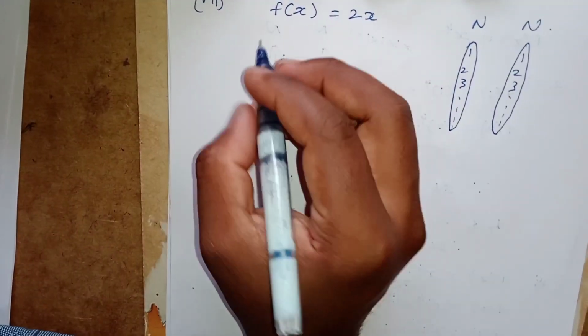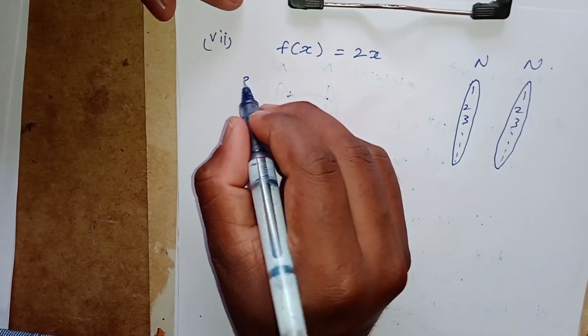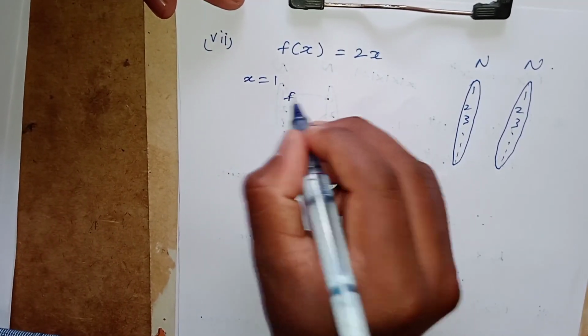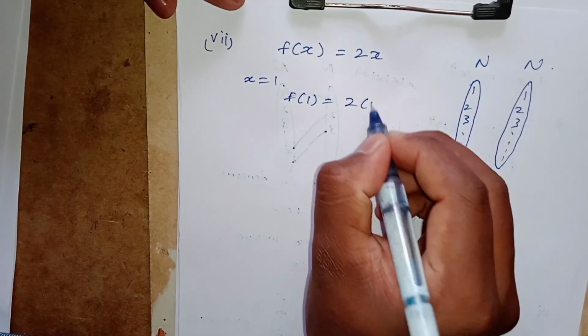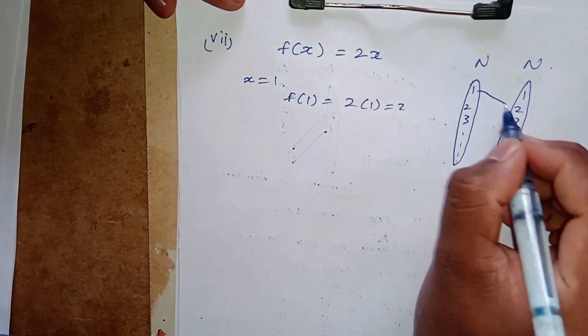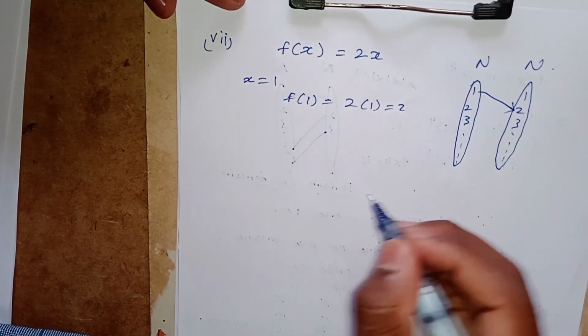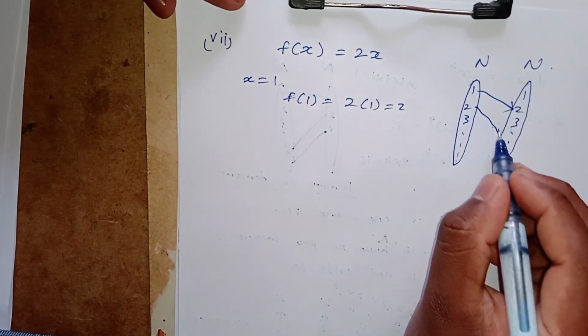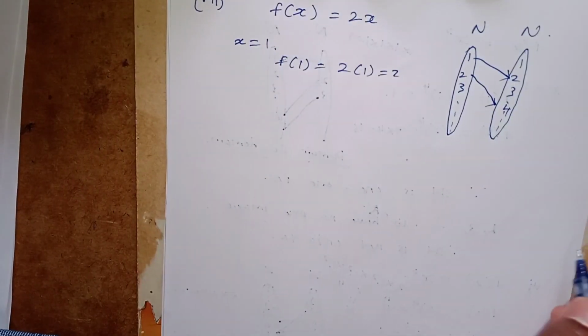Next I am taking x equal to 1. Therefore, f of 1 equal to 2 ones are 2. Okay, next I am taking 2, I will get 4.